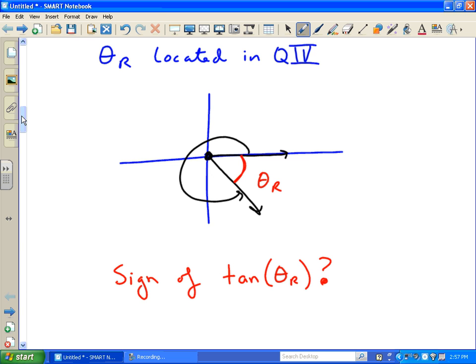Okay. Over here, if I create a right triangle, I know that my y value is going to be negative. I know my x value is going to be positive. I know my r value, no matter what, is always going to be positive.